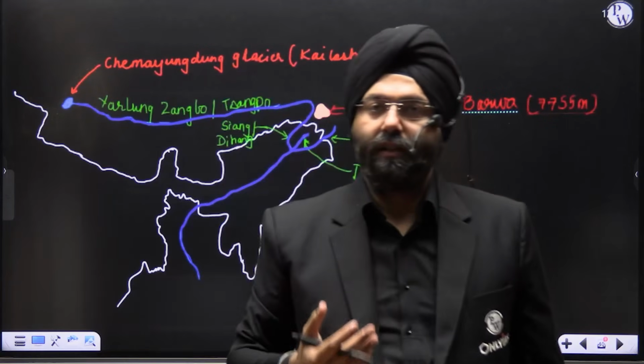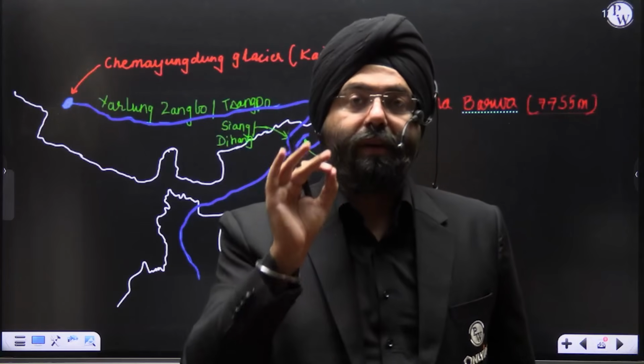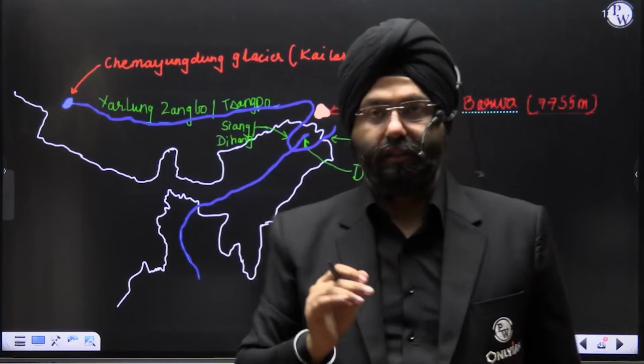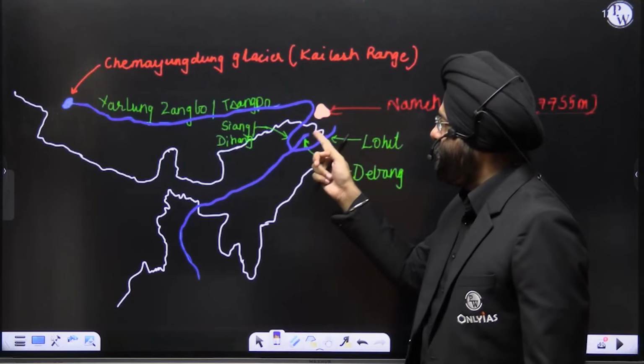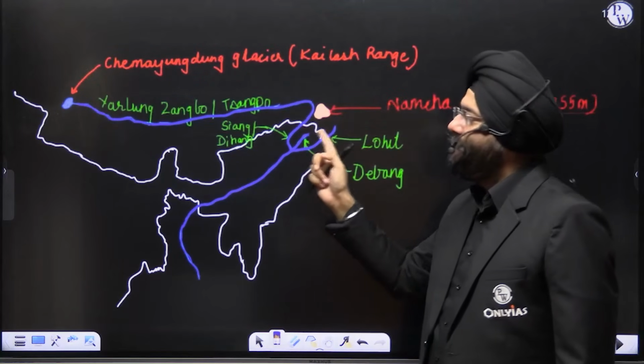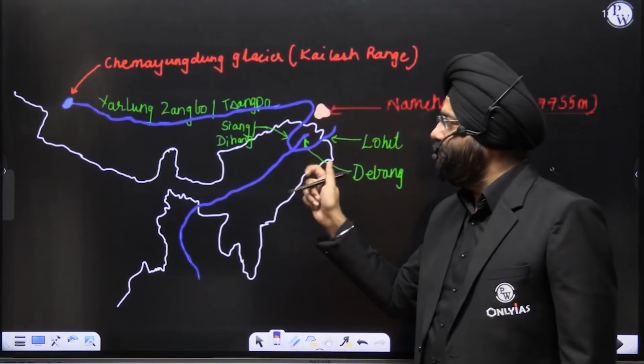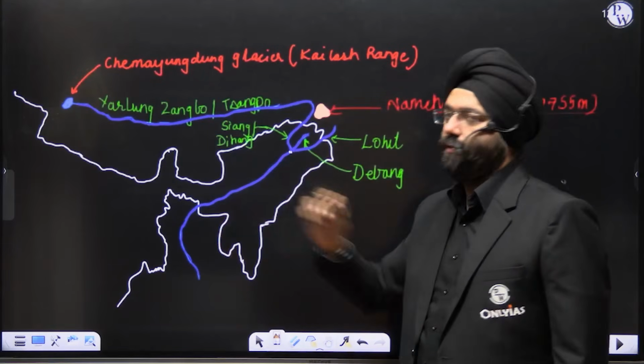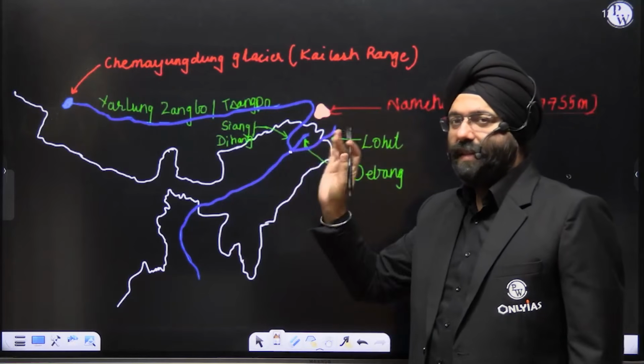Clear? It is not called Brahmaputra when it enters India. It enters as Siang or Dihang. It is called Brahmaputra when Dibang and Lohit merge with the Siang or Dihang. Then it is known as Brahmaputra river henceforward. Clear? This is a basic thing that is clear.